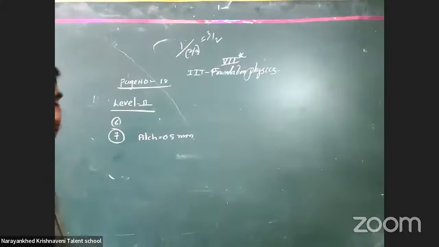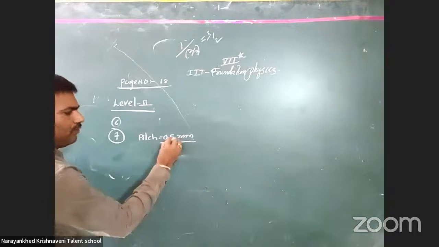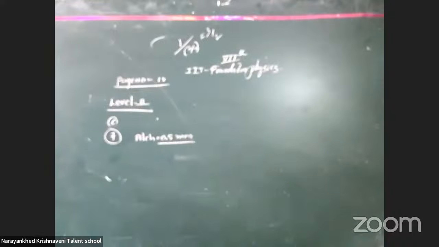Here pitch is taken as 0.5 mm. And the next part: what should be the number of divisions of its head so as to read correct up to 0.001 mm.